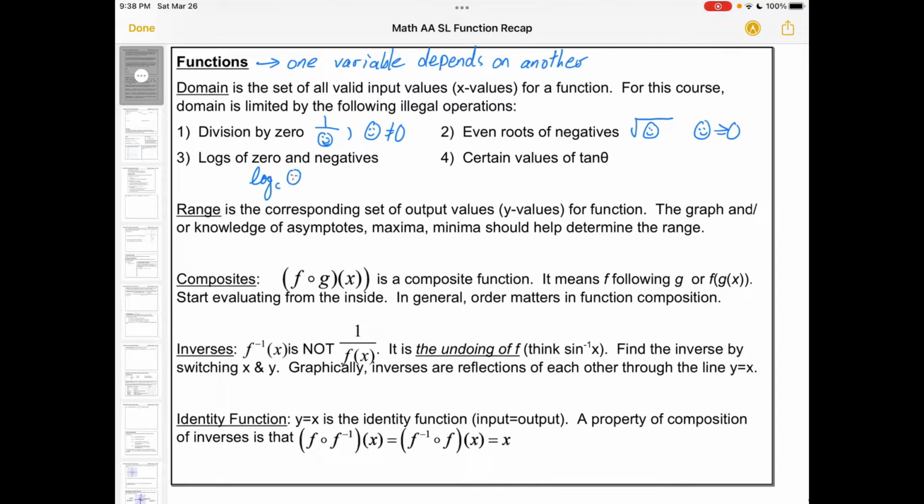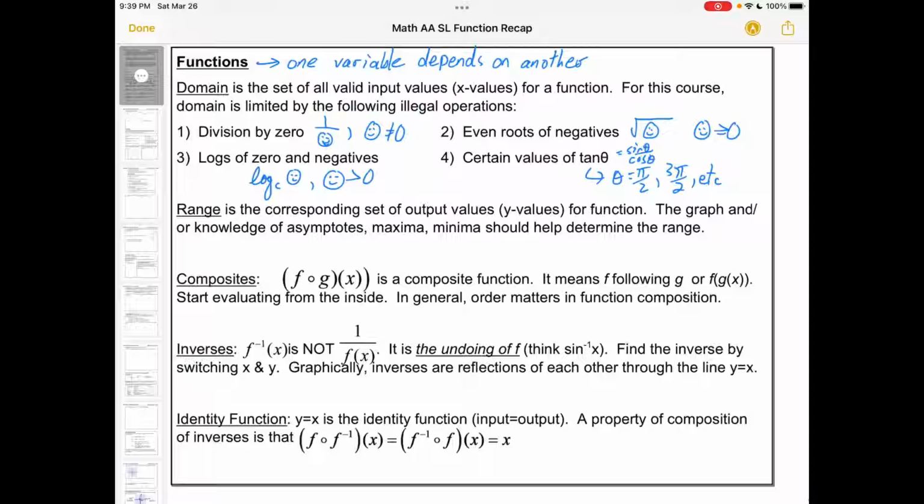So if you have the log of any base of something, then that something has to be positive. And lastly, certain values of tan, where you're going to have asymptotes, so that would be at pi over 2 and 3 pi over 2, etc. And this one is really just the same as condition number 1, division by 0, because tan is sine over cosine. But we're going to really just focus in on the first three.